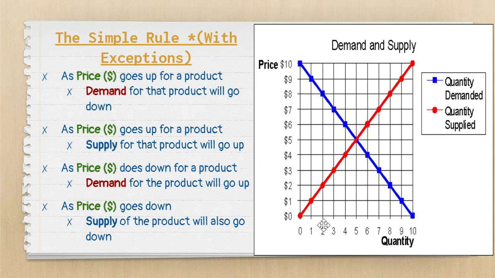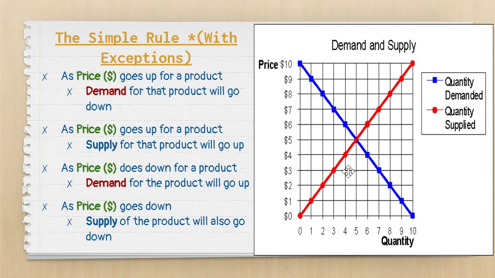Now, if you're an economics major or you know more about this, you will understand that there's something called equilibrium, that there's going to be a shortage, that there's going to be a surplus, and those are things we're going to go much more in depth into in later lessons. But as of right now, here are the basic rules for when price goes up and price goes down.